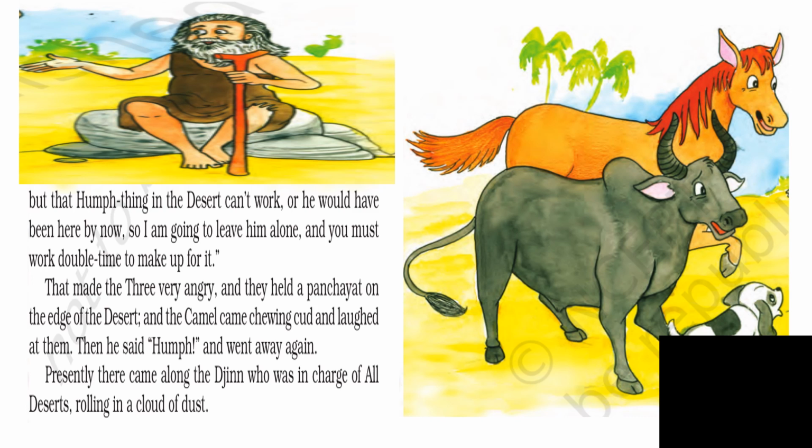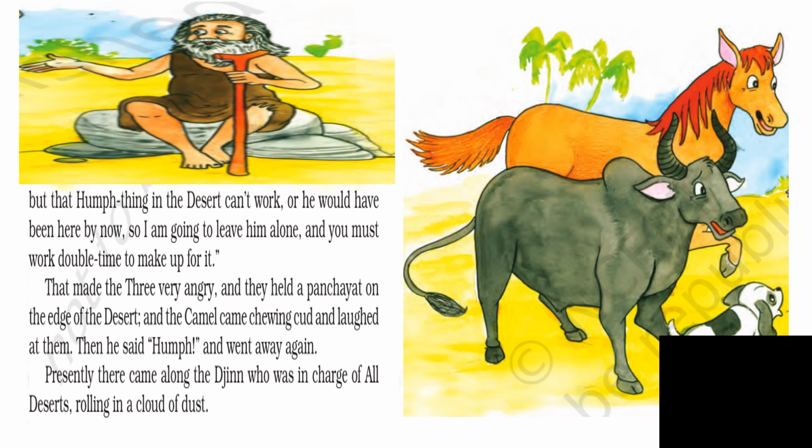The camel came chewing cud and laughed at them, because the camel was lazy, and he showed the other animals that he was rude in his behavior, because he was laughing at them. Then he said, hump, and went away again.